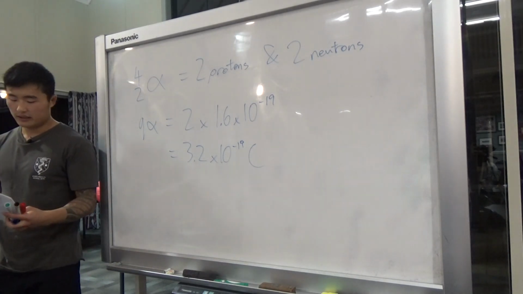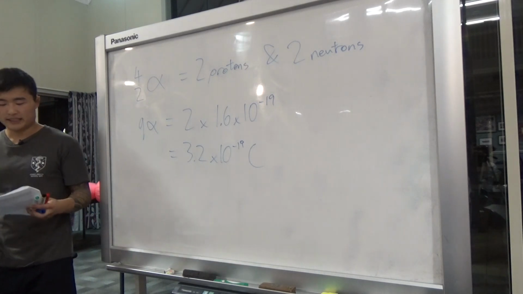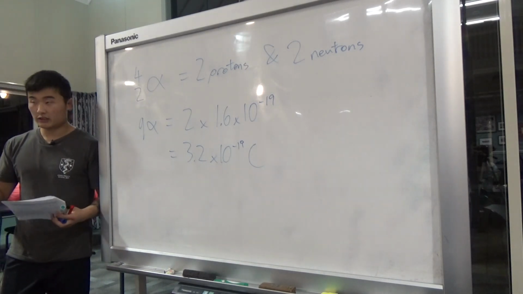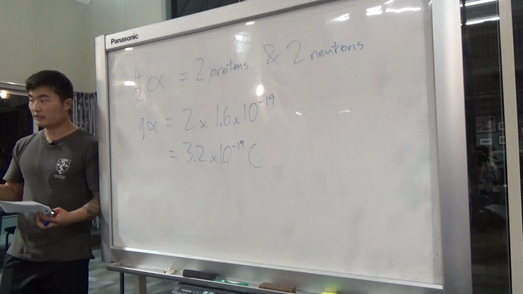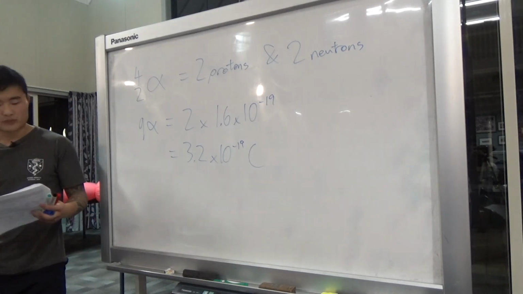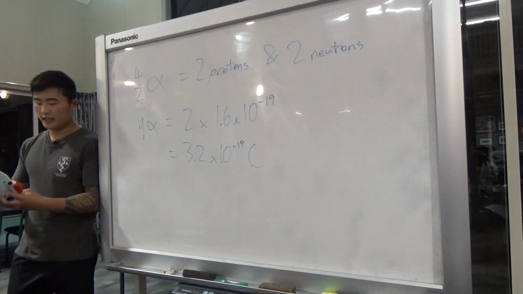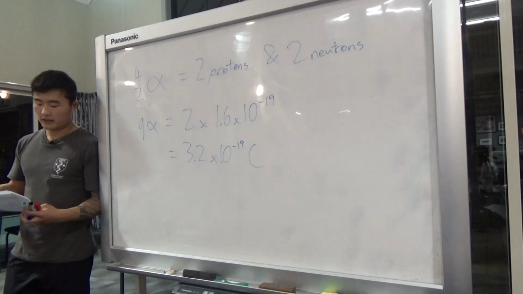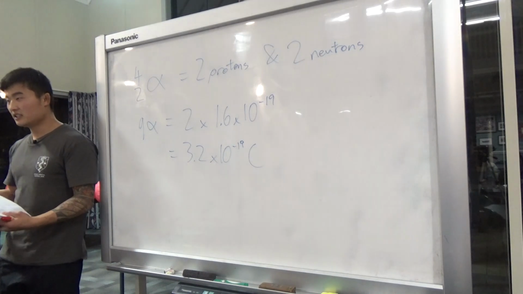So we want to find out the kinetic energy after it's been accelerated through an electric field, and in the electric field it's traveled through a potential difference of 80 kilovolts. Okay, so be very careful not to get mixed up with kilovolts and kiloelectron volts.